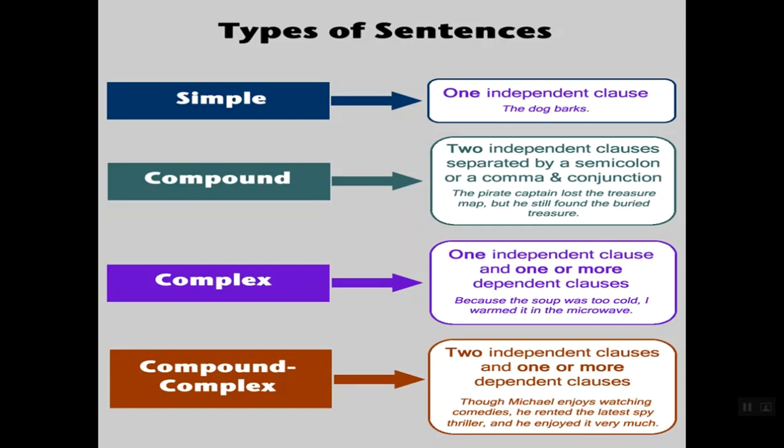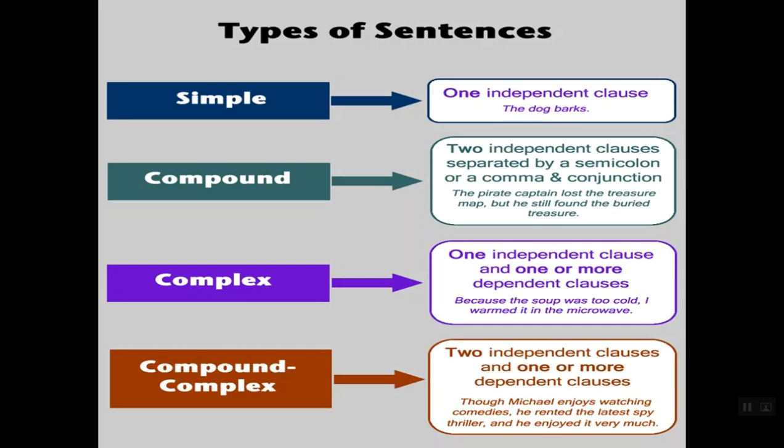Yes, two sentences or two independent clauses, joined by either a semicolon or a comma and a conjunction. And we call the conjunctions that connect the compound sentence the coordinating conjunctions.